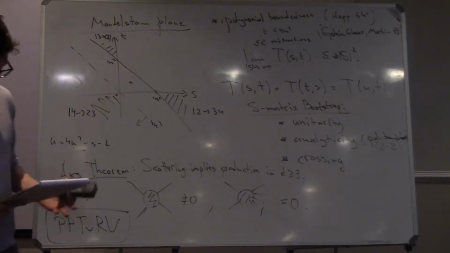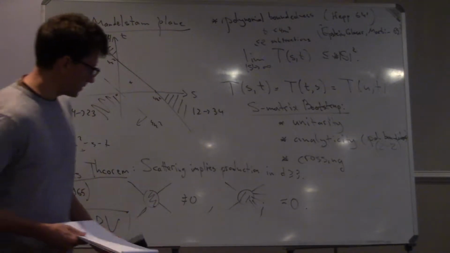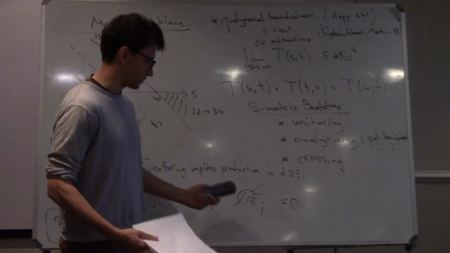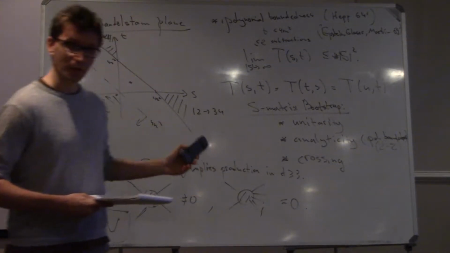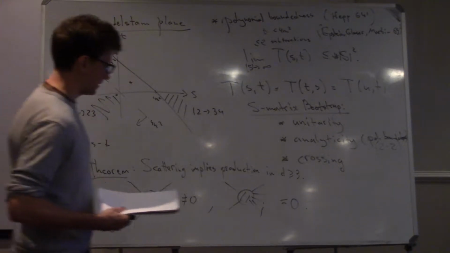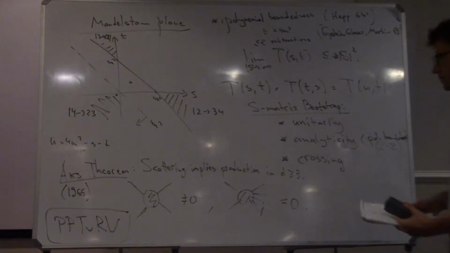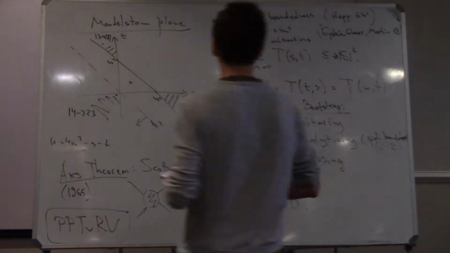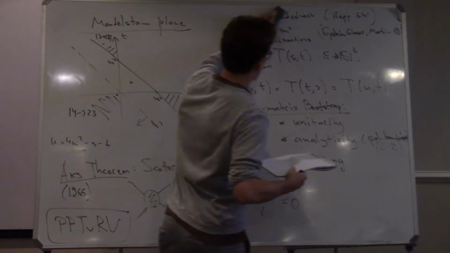So in the conformal bootstrap, well, we have crossing, we have analyticity, we have some sort of unitarity, but the way you prove this theorem is you use essentially that there is a gap. And that's one aspect which I find beautiful: how does it come about that the gap is crucial to prove this theorem? So the idea is the following.